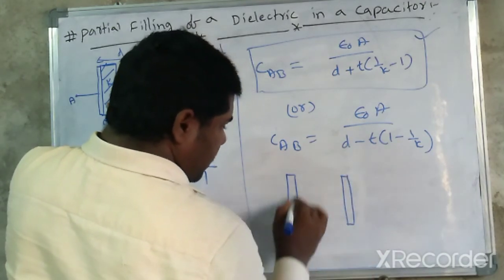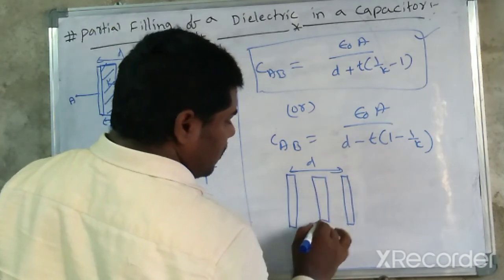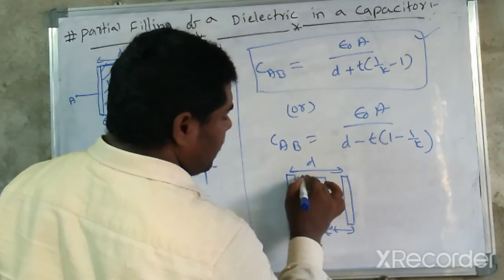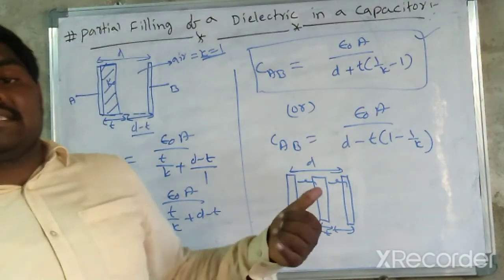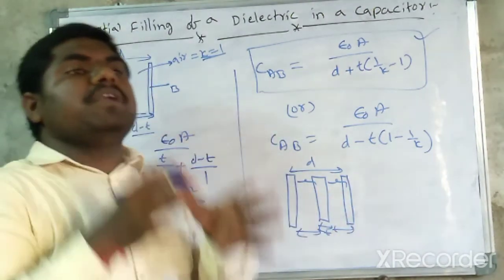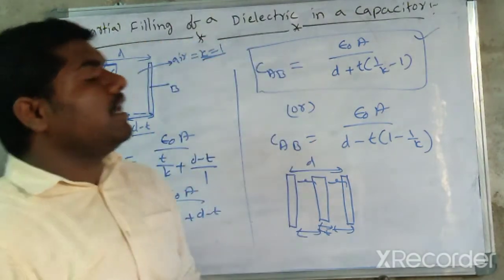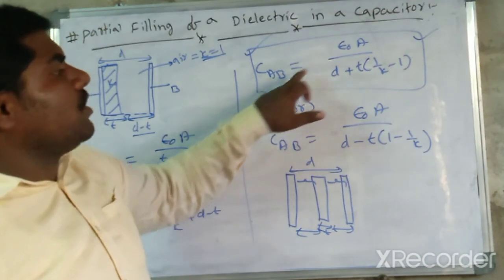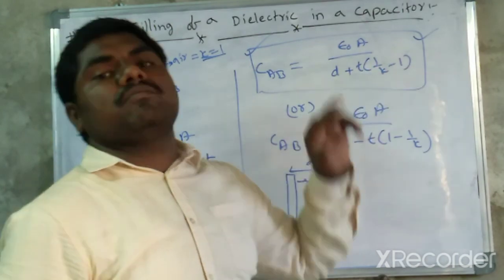The separation distance between them is D, and the partially filled dielectric is somewhere in between, with thickness T, and the remaining parts D minus T in total. Whether the partially filled dielectric is towards the right side or the left side, whatever its position, ultimately the capacitance is CAB equal to epsilon naught A divided by D plus T into 1 by K minus 1.